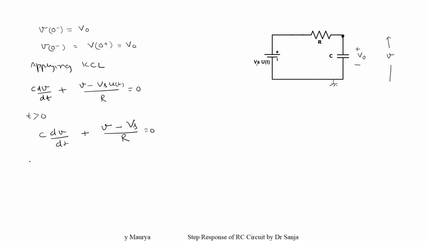I am going to rearrange this. I can write dV/dt plus V by RC is equal to Vs by RC.